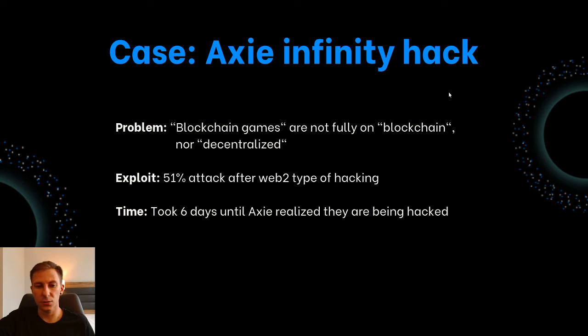If you compare it to Bitcoin and Ethereum and others, you would have a really hard time reaching the same point where you can take over the network and do this attack. It took them 6 days to realize that something was really wrong, which is a long time, and I think they should have been monitoring this, especially if the system is so centralized.